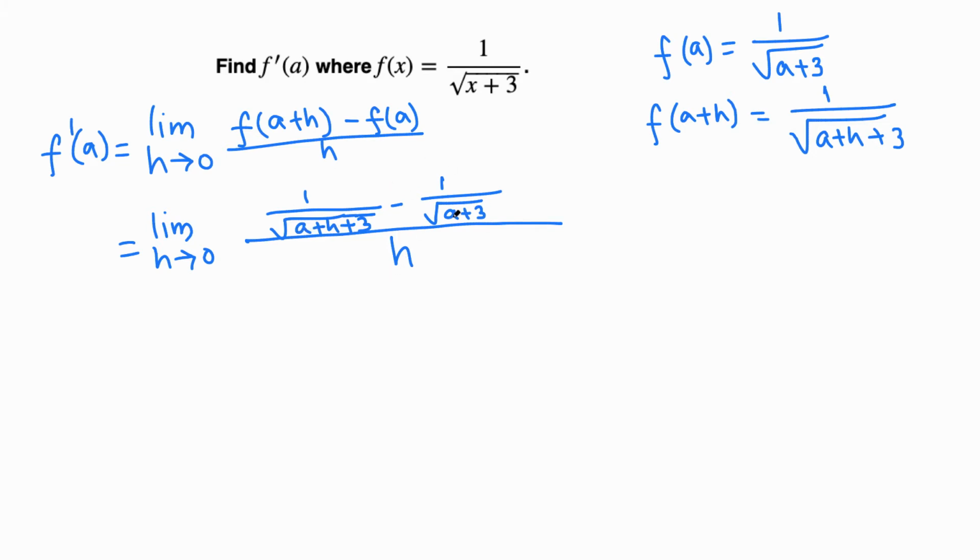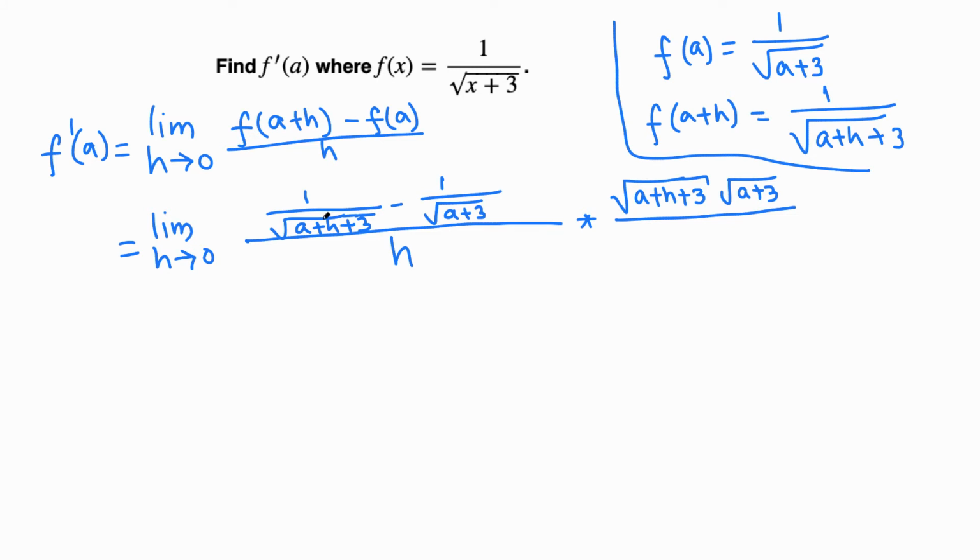So we got two different bottoms. This one is inside a radical sign, this and this. These two are different, they are not like. So we need to multiply by the common denominator, which is just the product of both: square root of a plus h plus 3 times square root of a plus 3. That's the common denominator coming from the top.